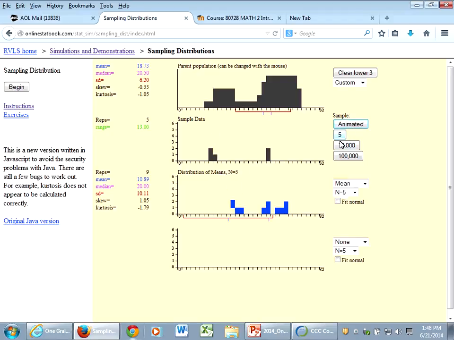You could speed up the process and get 10,000 or even 100,000. That's way too much, but you see how the distribution shows more of a normal shape. On the right side, students could also see the mean of the population versus the mean of the sampling distribution of the mean, and compare them.